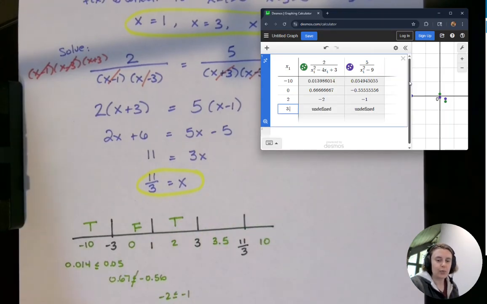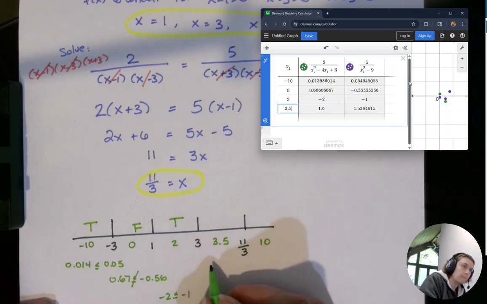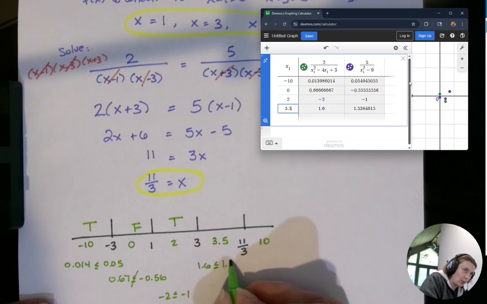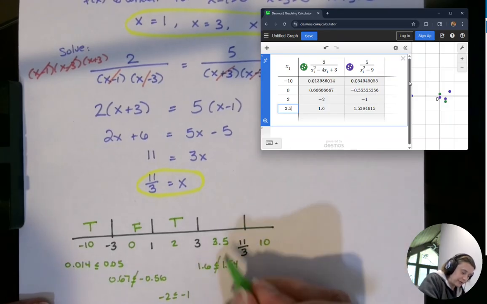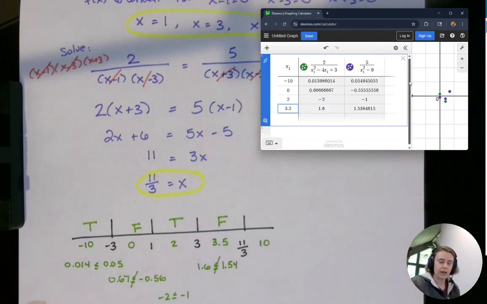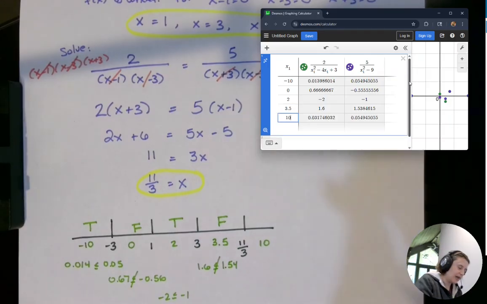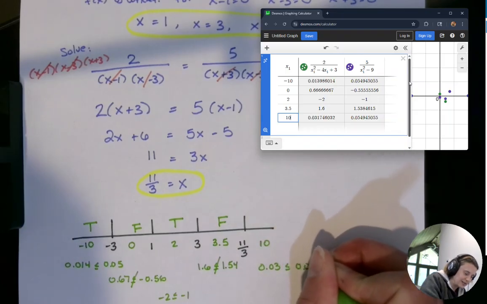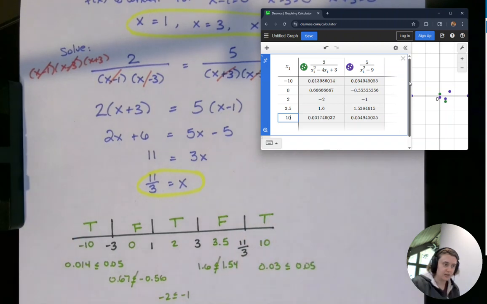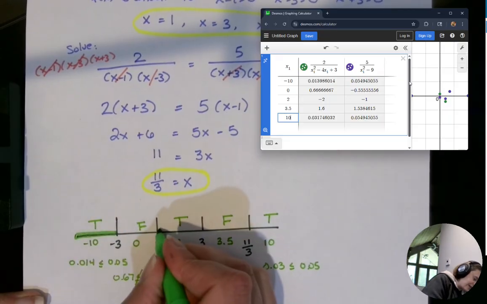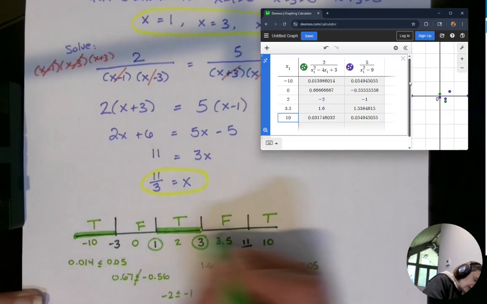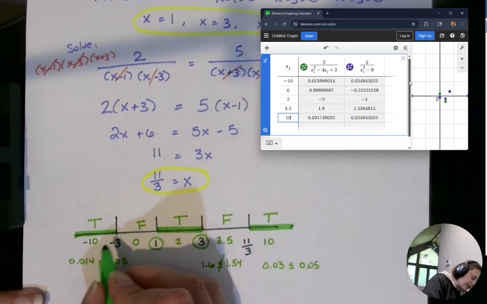When I plug in 3.5, I would have 1.6 less than or equal to 1.54. That is false. And then when I plug in positive 10, I have 0.03 less than or equal to 0.05, and this one is true. So for our solution values, we've got ourselves a true on the far left, a true in the middle, between 1 and 3, and a true on the far right side.